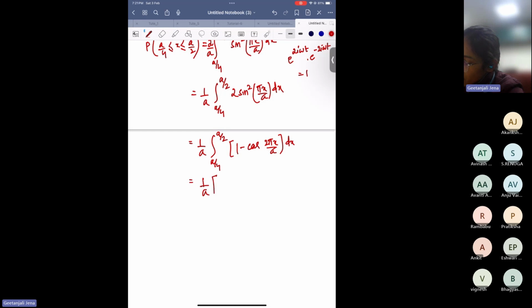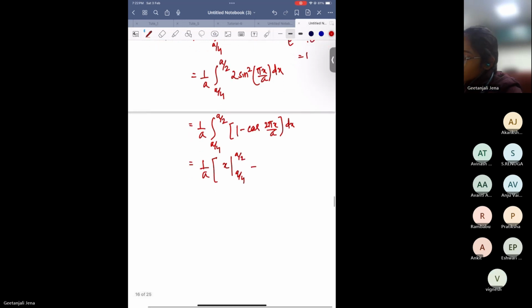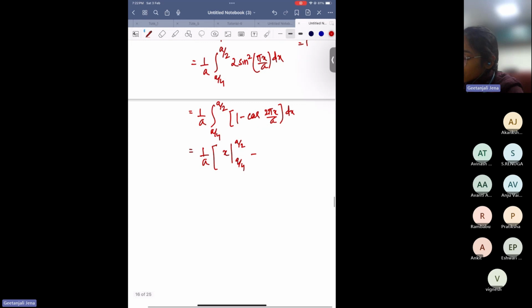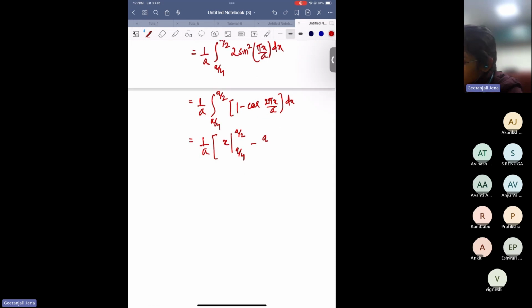This is nothing but x from a by 4 to a by 2 minus this cos term, whose integration will give sine, the constant factor will come out. This is nothing but sine 2 pi x by a from a by 4 to a by 2.